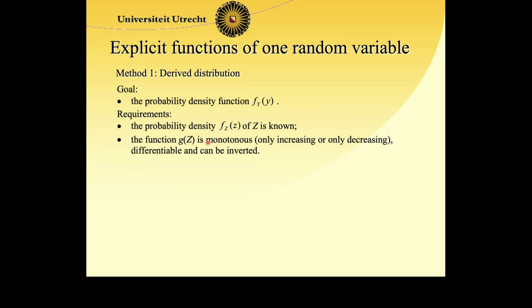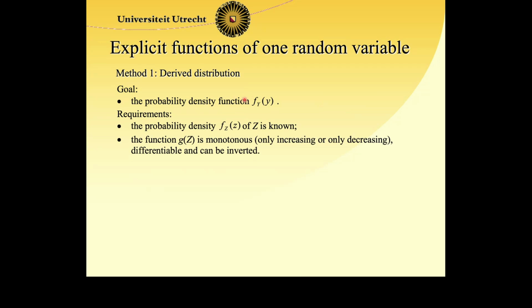So there's a one-to-one relationship, there's only one z belonging to one y, and vice versa. It's differentiable, so it is smooth everywhere, and it can be inverted. It means that we can also write z as a function of y, the other way around. So under these conditions, we can derive the probability density function of y.